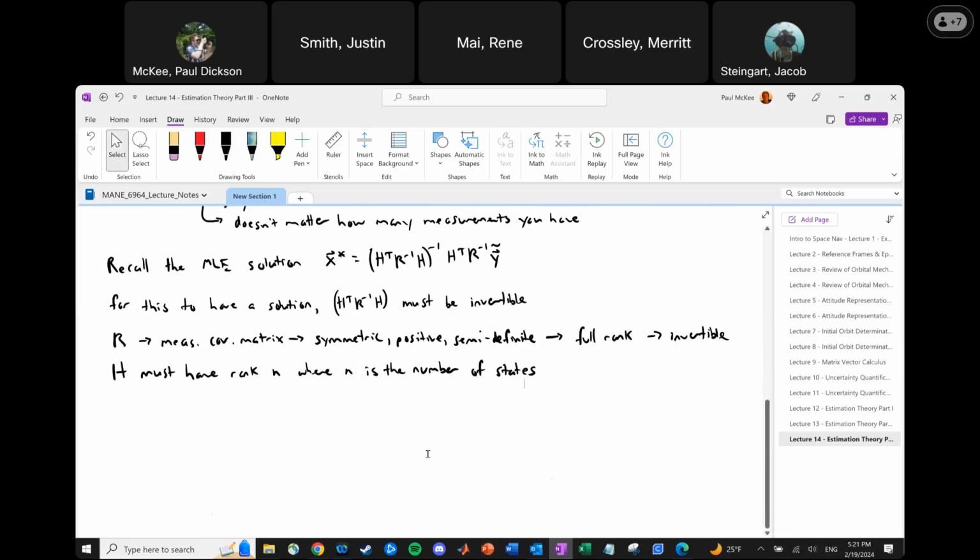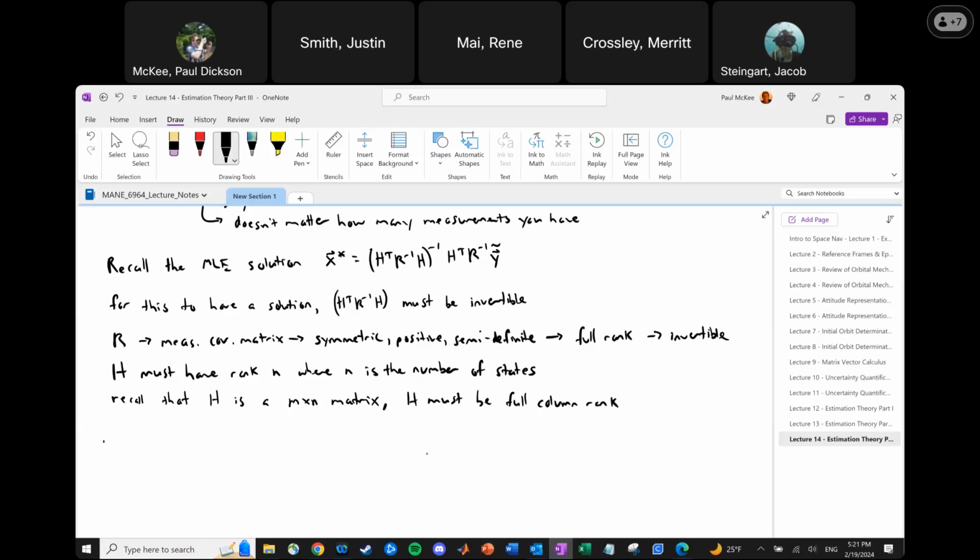Now recall that H is an M by N matrix, where M is the number of measurements, and N is the number of states. This means that H must be what we call full column rank.